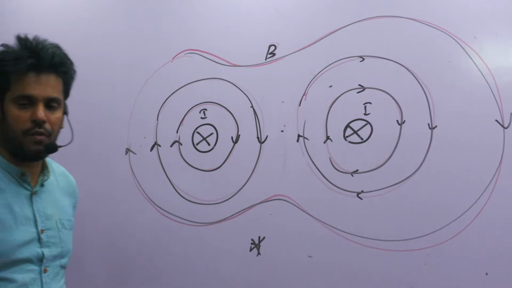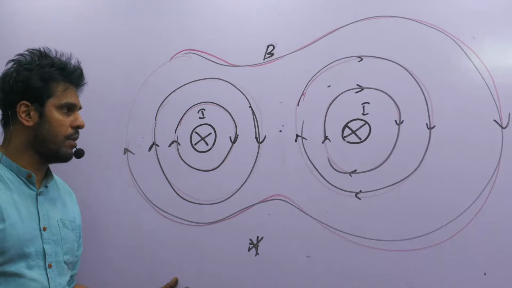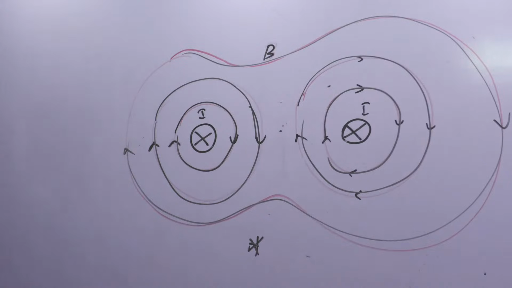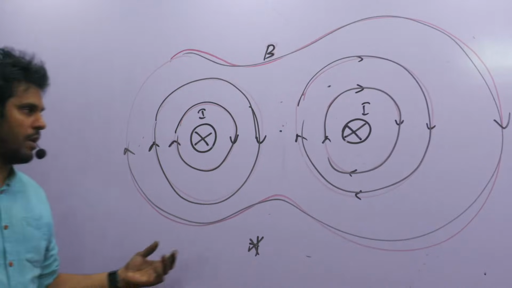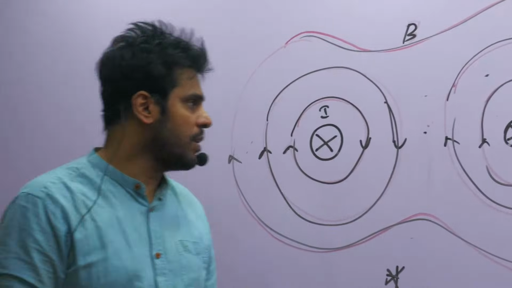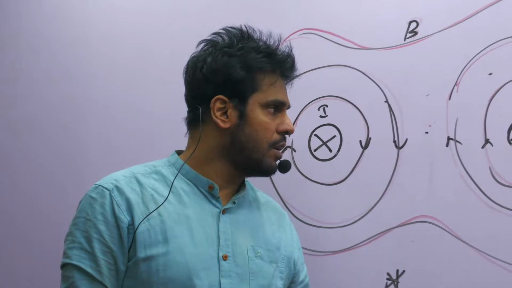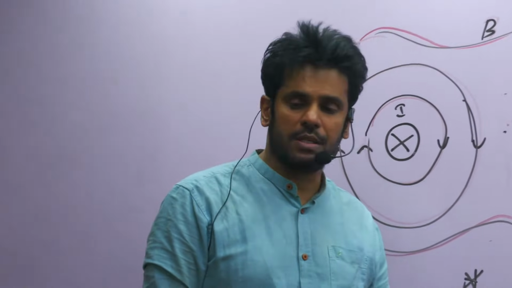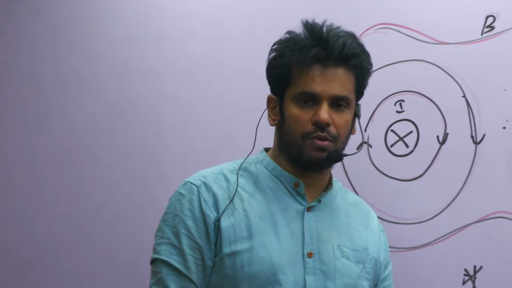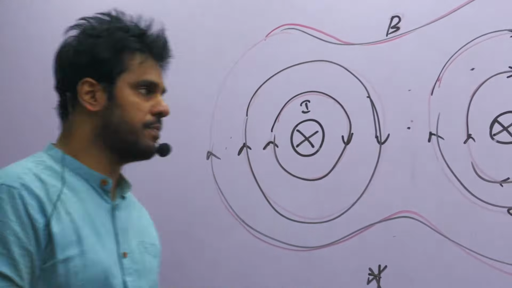At the midpoint of two parallel wires with the same direction of current, resultant magnetic field equals zero. Resultant magnetic field equals zero. Right.